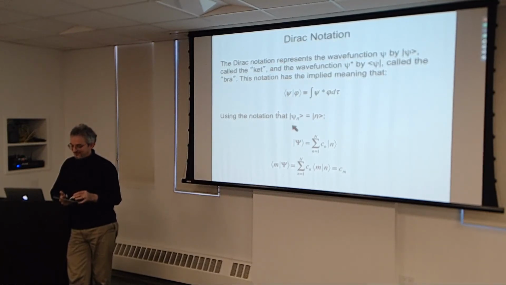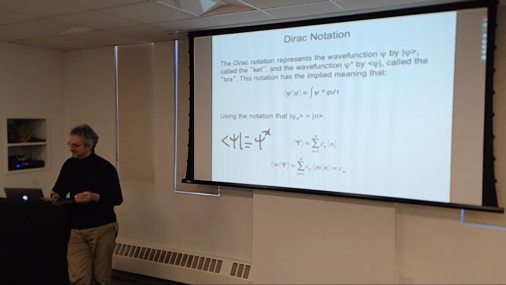So half of it, the right-hand part, is just called the ket. And the other half, if I wrote this way, this we will understand to mean the complex conjugate when we write things backwards. And Dirac called that the bra. So the bra times the ket is the bracket.